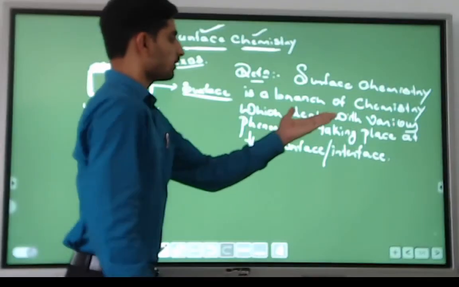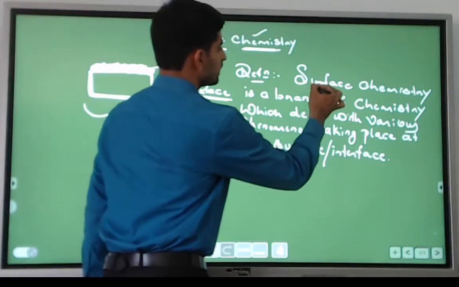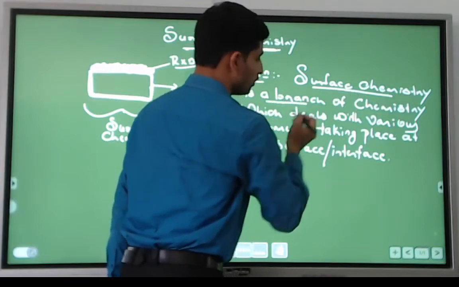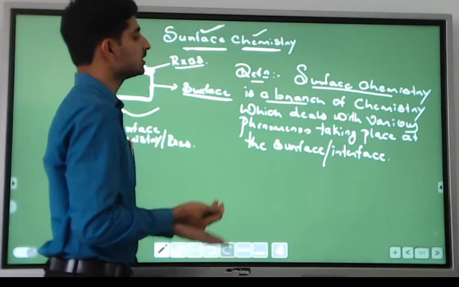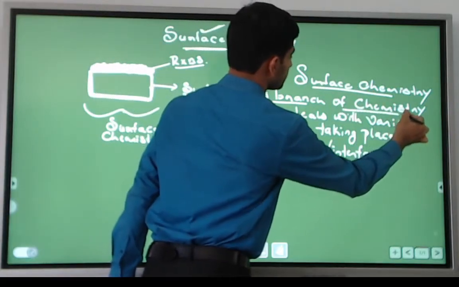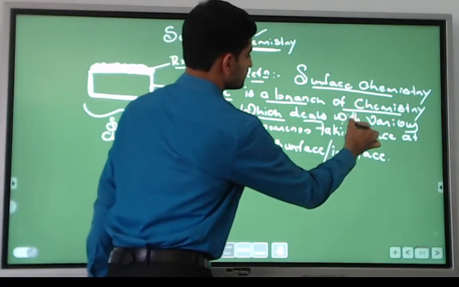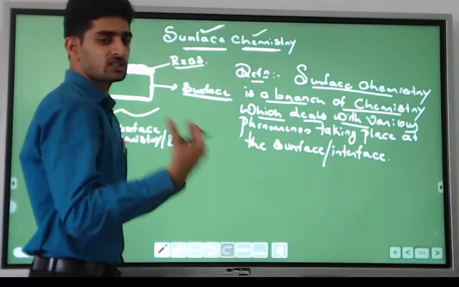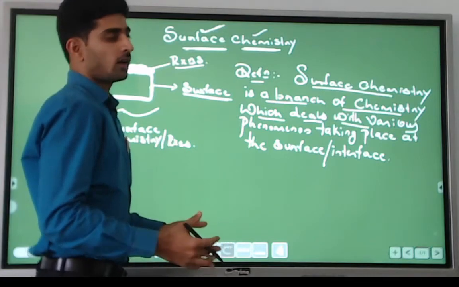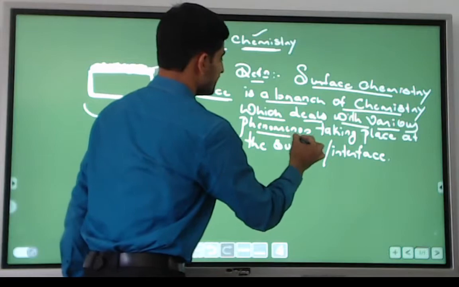The same thing we have explained in the definition. Surface chemistry is a branch of chemistry which deals with various phenomena.